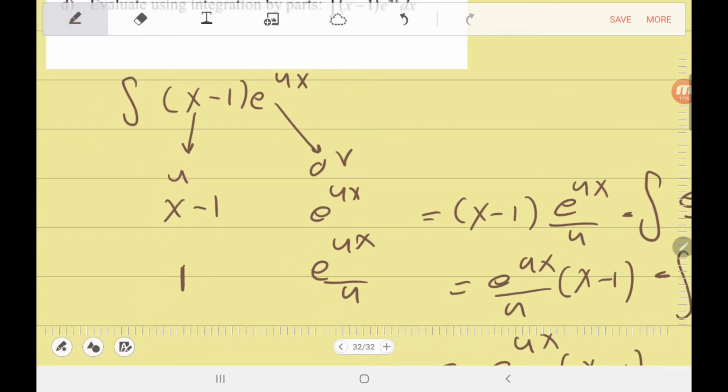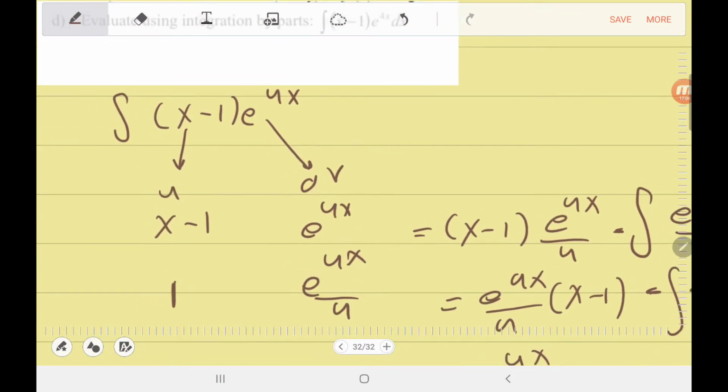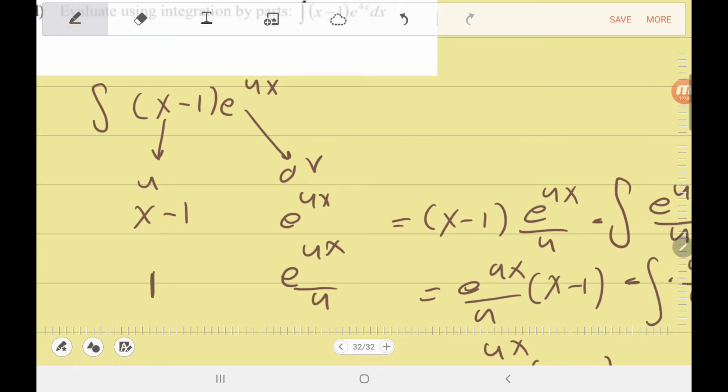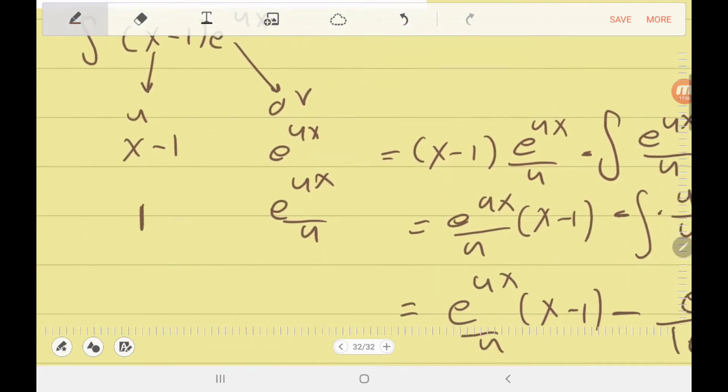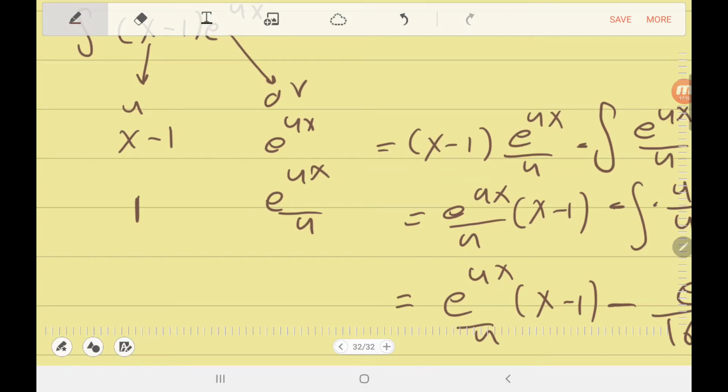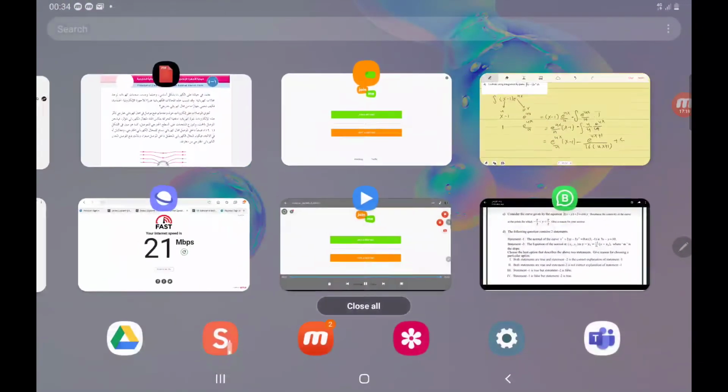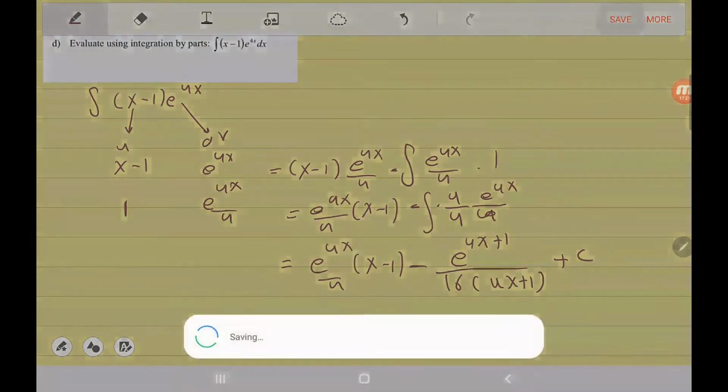I didn't recall the way, but this is the way. So it's u times v minus the integration of v times du. Just let me check something.